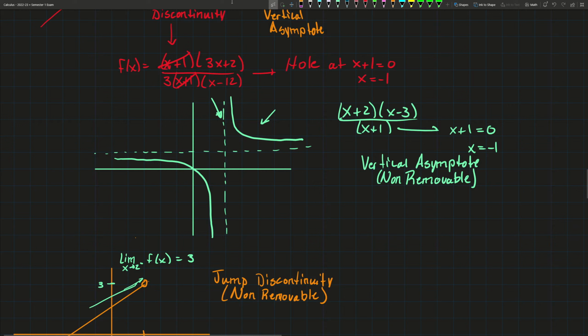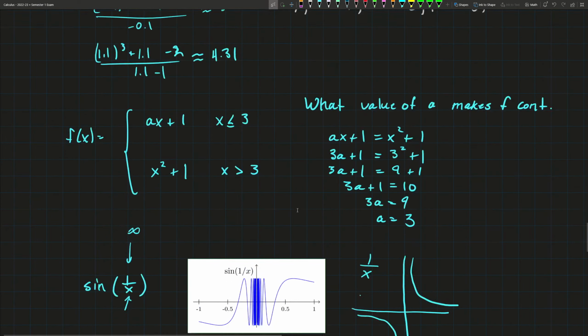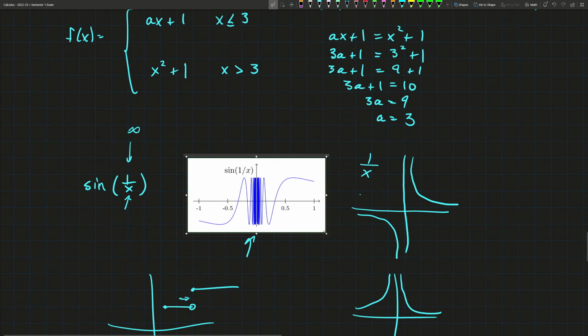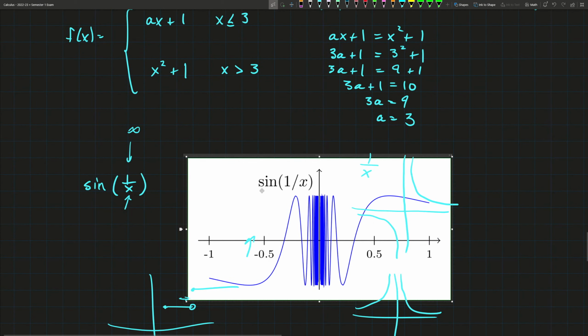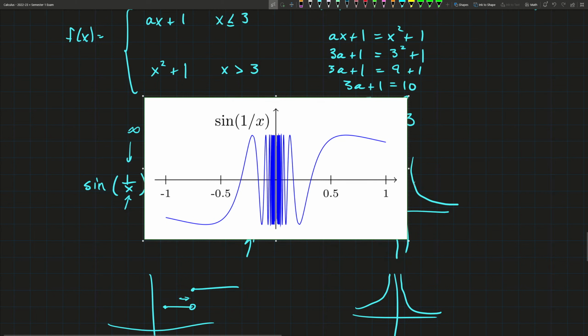It's going off to infinity from the right and negative infinity to the left. An oscillation looks like this thing. As you go from the right, it's oscillating up and down an infinite number of times. As you move from the left, it's oscillating up and down an infinite number of times. It looks like there's a small gap at 0, but that doesn't actually exist. That's just the graph.